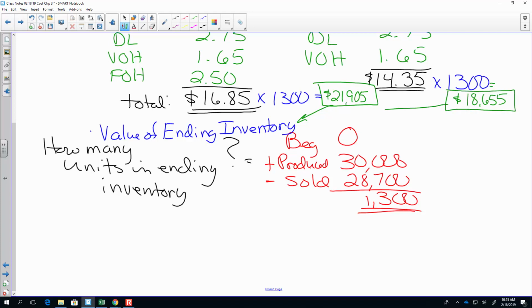18,655 is also the value under the variable statement, right? Okay, doesn't matter which one, 21,905 or 18,655, what statement does that number show on? This is your intermediate test, by the way. We only got two, income and balance sheet.